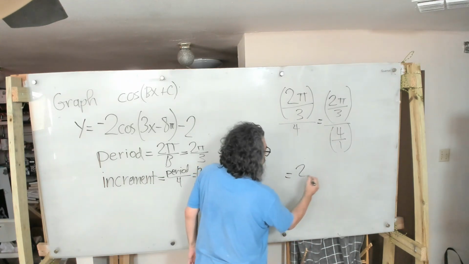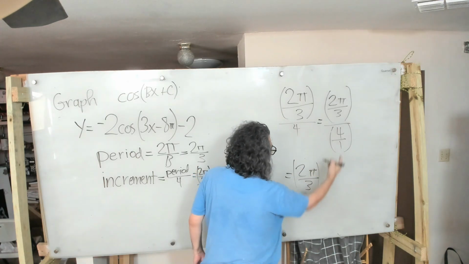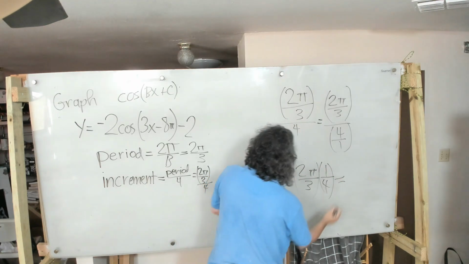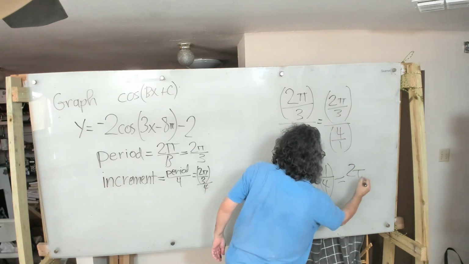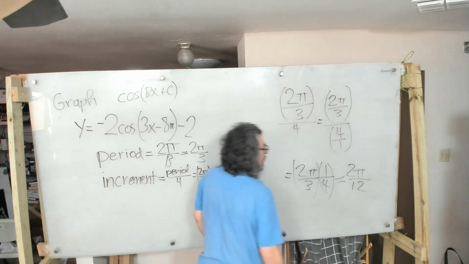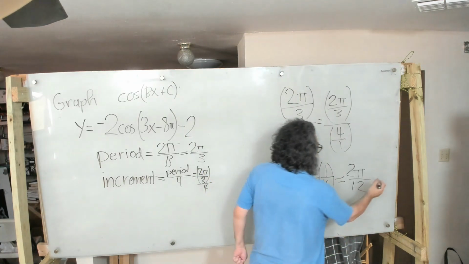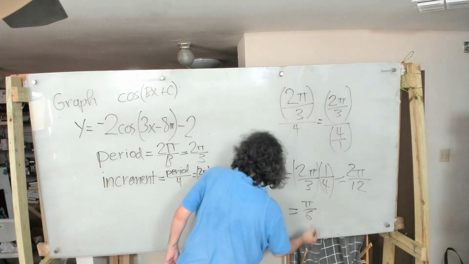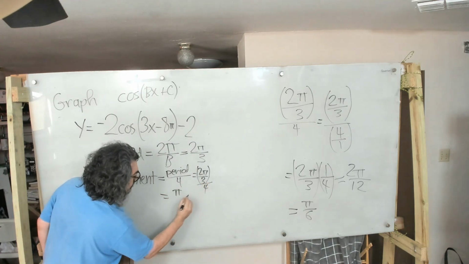So this becomes 2 pi over 3 times the reciprocal of 4 over 1, which is 1/4. 2 pi times 1 is 2 pi, and 3 times 4 is 12. I can divide the top by 2 and the bottom by 2 to give me pi over 6. So my increment is just pi over 6.